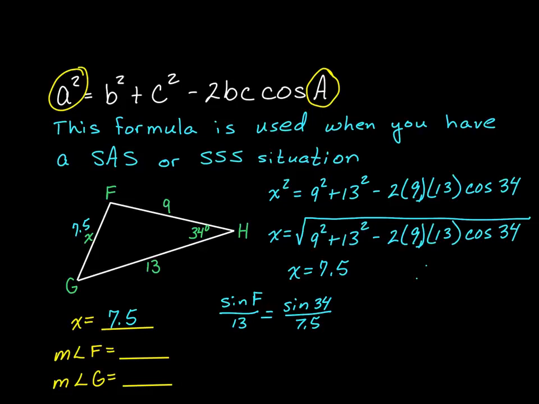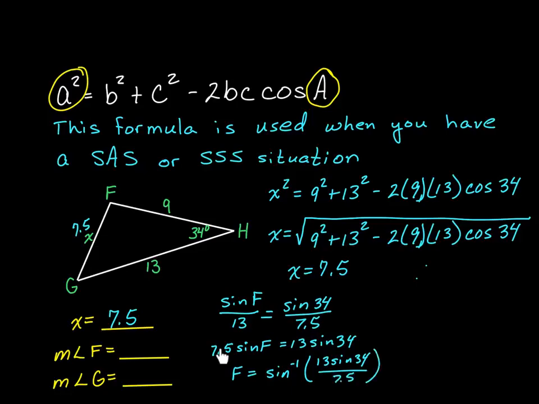And if you cross multiply, you're going to get 7.5 times the sine of angle F equals 13 times the sine of 34, which means F is equal to the sine inverse of 13 sine of 34 divided by 7.5.